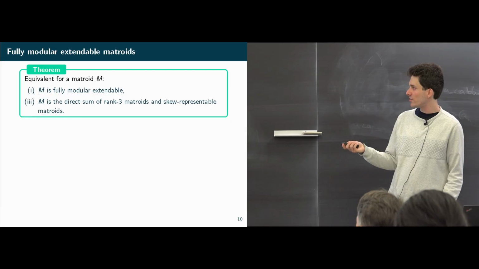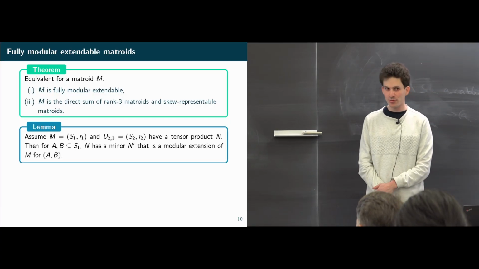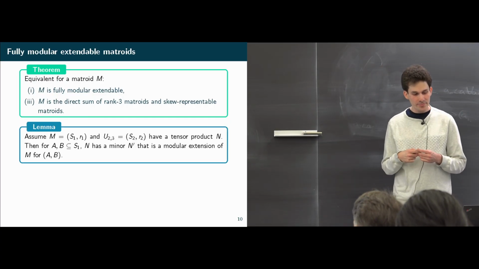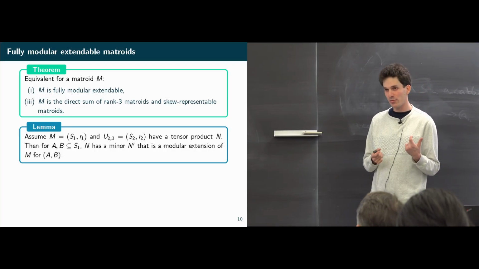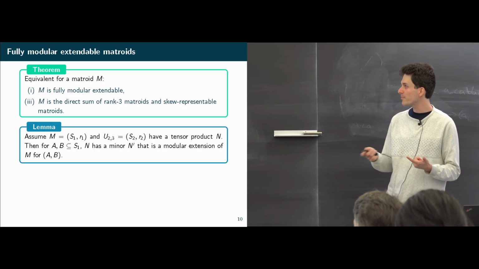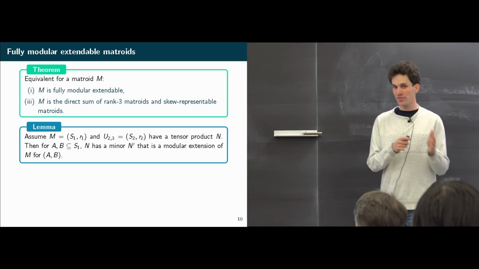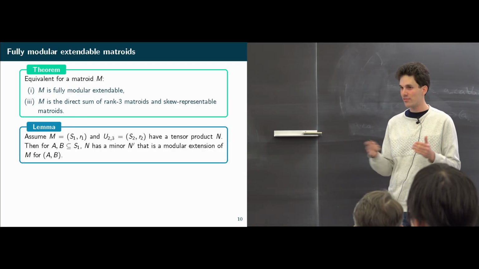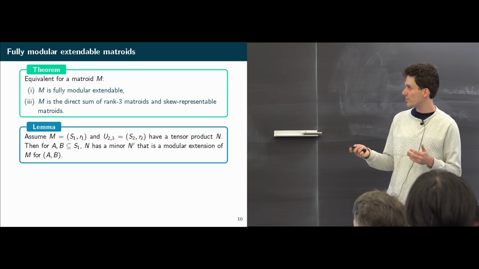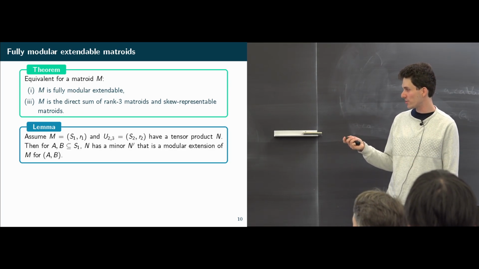And we have seen in the previous lemma that having a tensor product is related to these extensions. So if we have a tensor product with U2, then we can do one extension step. So that's where this whole sequence of U2 comes in: if we have this whole sequence of products with U2, then this will imply that we are fully modular extendable.